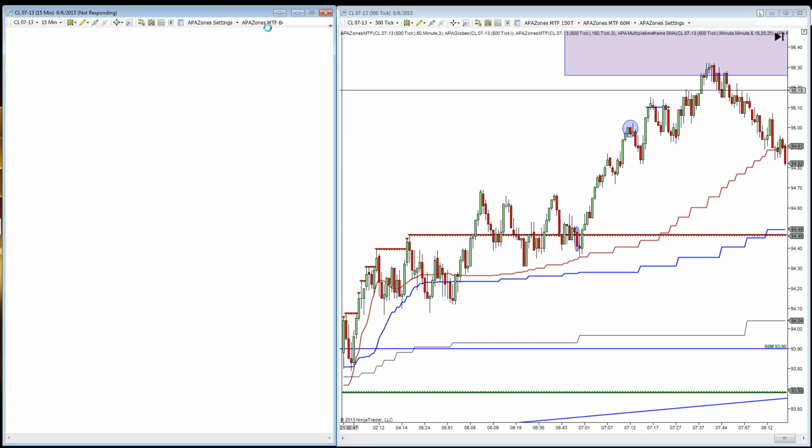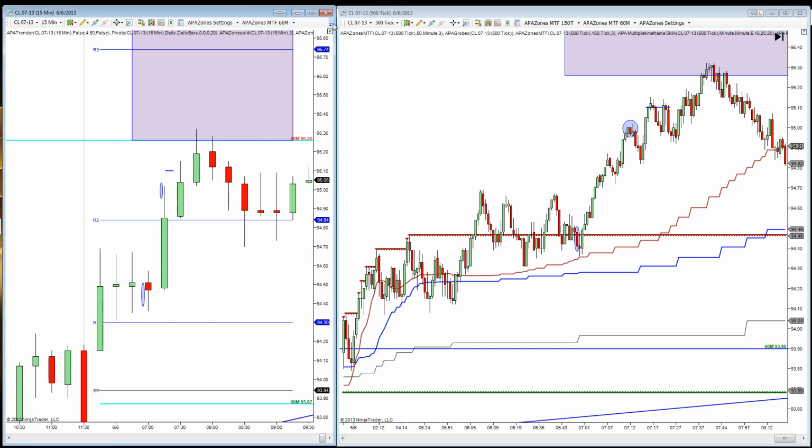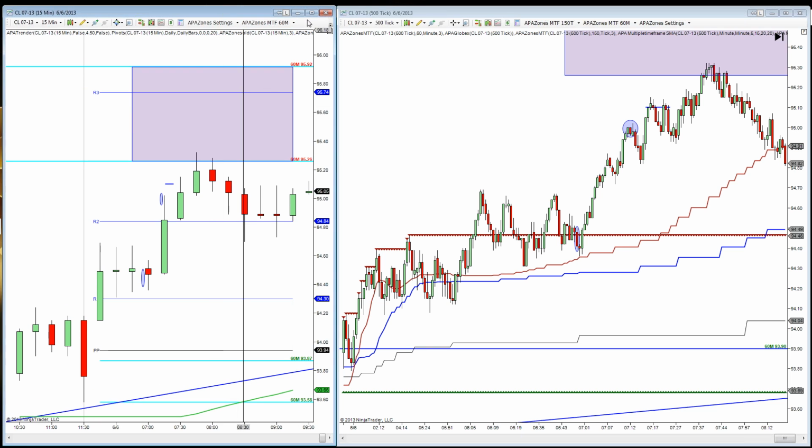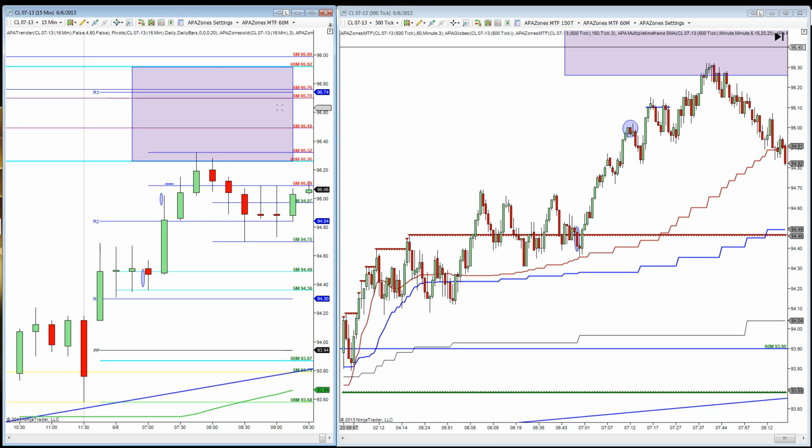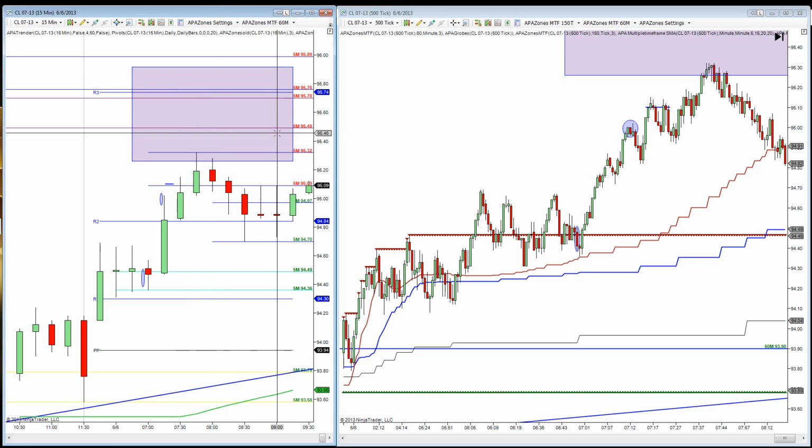And I just think that's really helpful in general, just for us to be able to see all those different multiple time frame zones, depending on who you are and what time frames you like to watch. It's just a really great little deal. And because you can show and hide all those zones, it just makes everything very clean, hopefully.